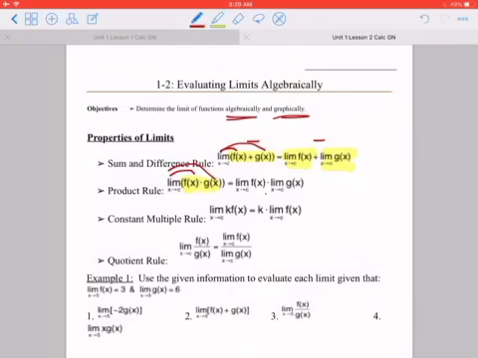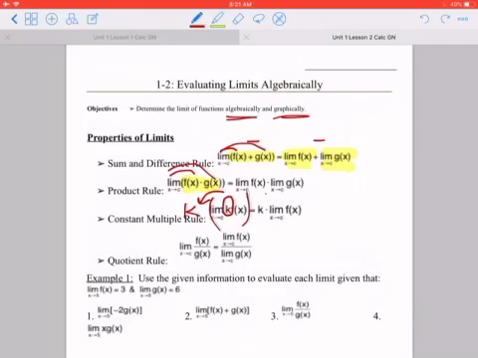Okay, now the constant rule may be something new. The limit as x approaches c of k, that's another constant, times f of x is the same thing as if you just took k out front and then multiplied it by your limit.